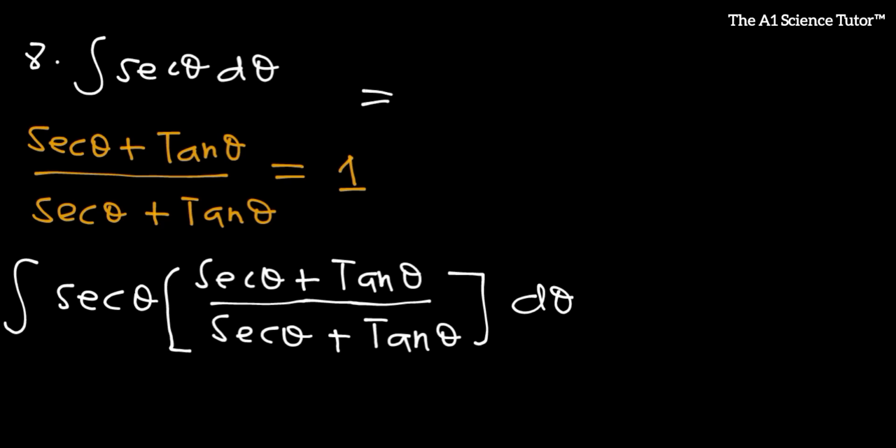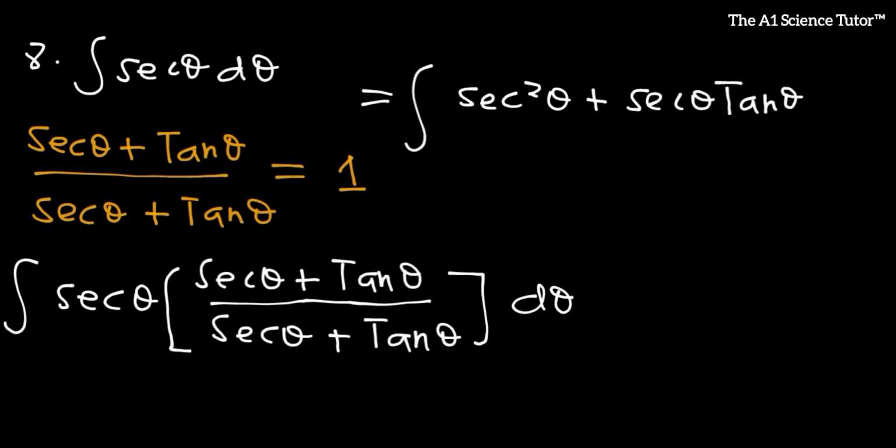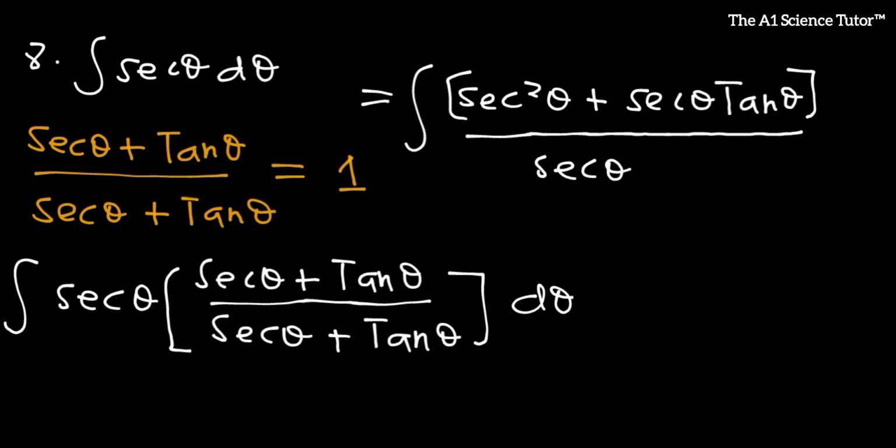So that is going to give us integral secant squared theta plus secant theta tan theta, right? And this is actually divided by secant theta plus tan theta. Now bear in mind that this should be multiplied with a d theta, right?